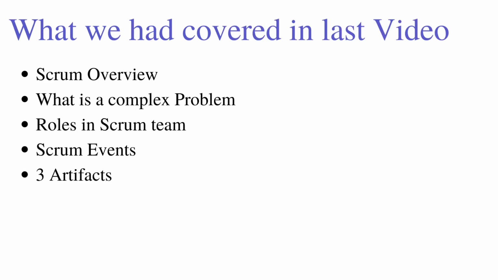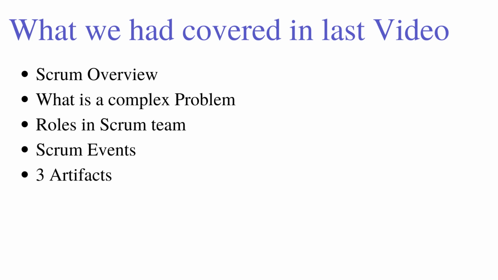Before I start with today's topic, let's see what we had covered in the last video. Scrum overview, what is a complex problem, roles in a Scrum team. If you remember, product owner, developer, and Scrum master.